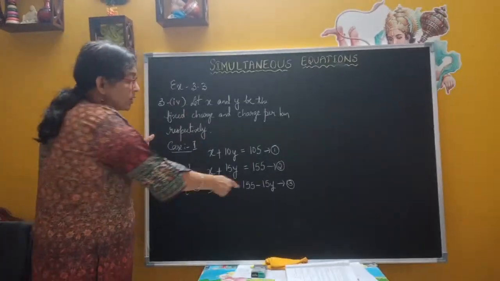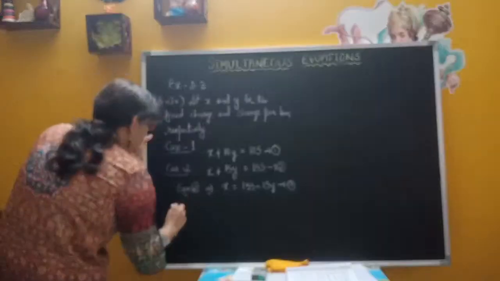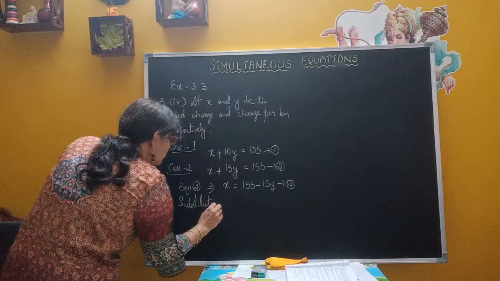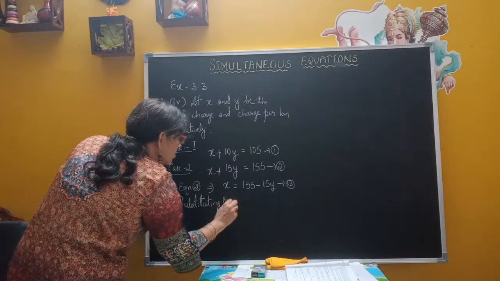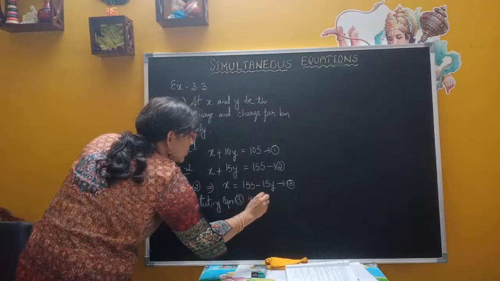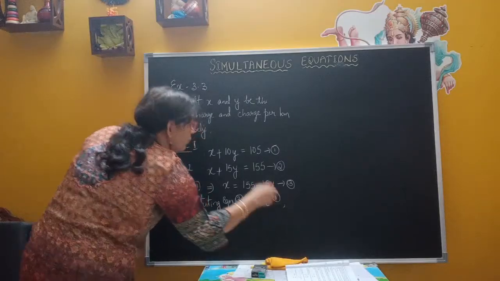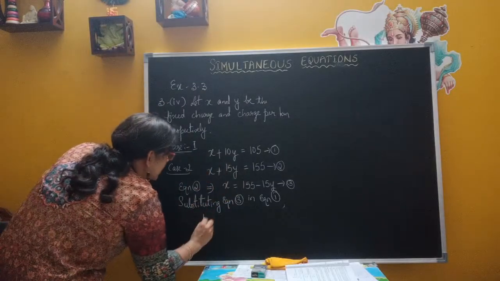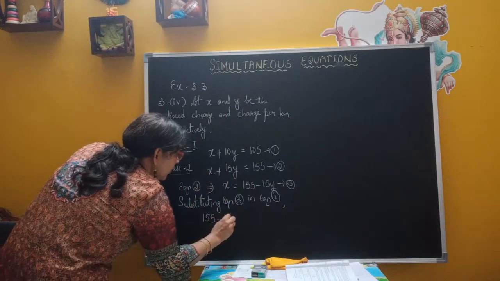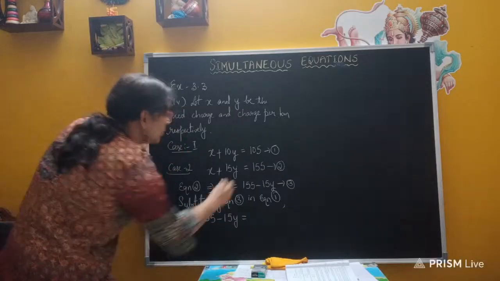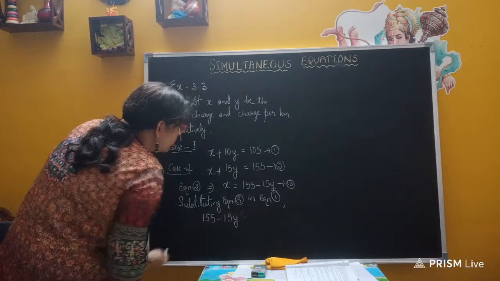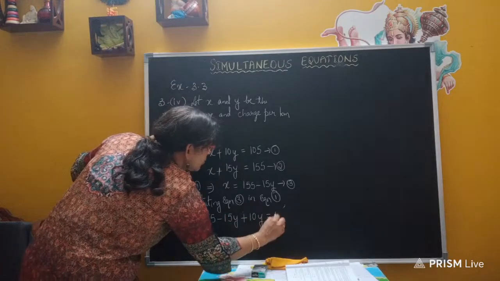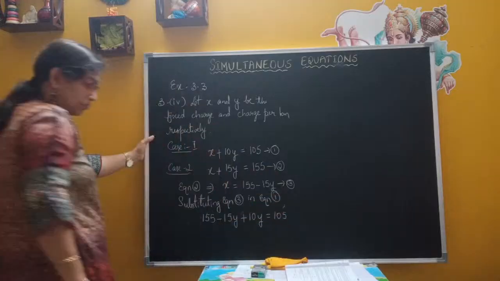Substituting equation 3 in equation 1, we get, in place of x, I need to write 155 minus 15y, this is the x value, plus 10y is equal to 105.